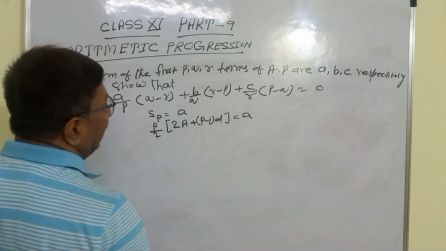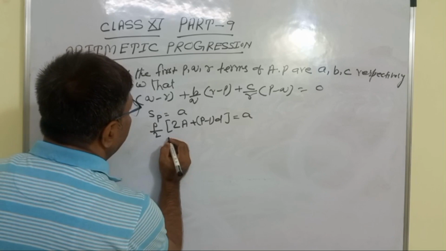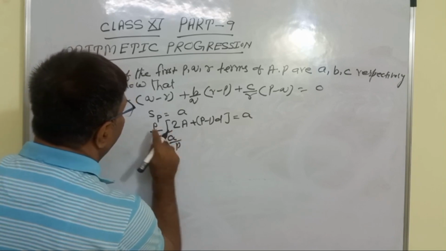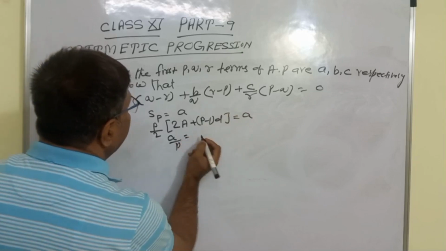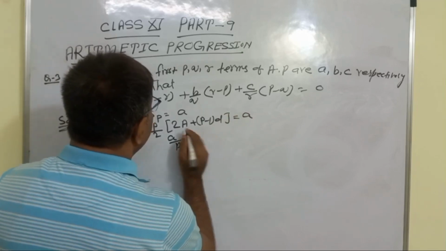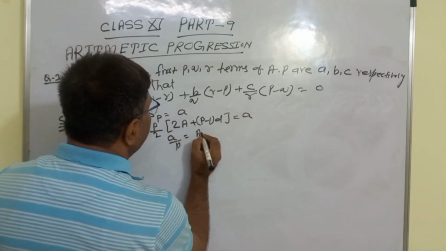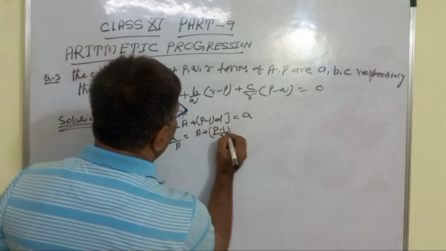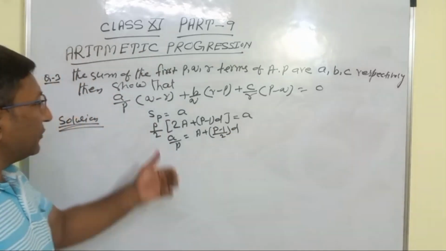And now you see here we have to find a by p. So you write here a by p. So a by p equals what? So this is a upon p. So we will get, this is 2A by 2, that is A, plus p minus 1 by 2d. Okay? SP is a.